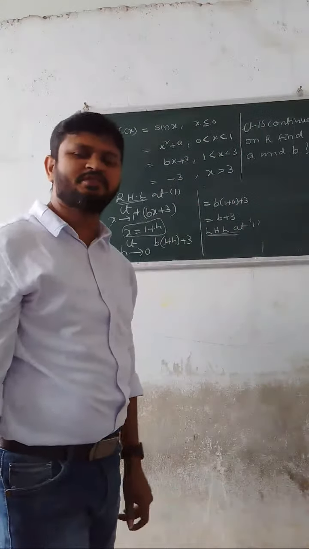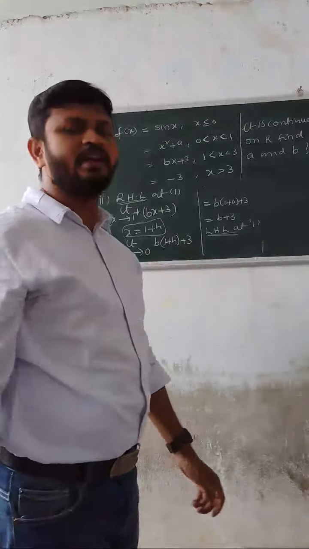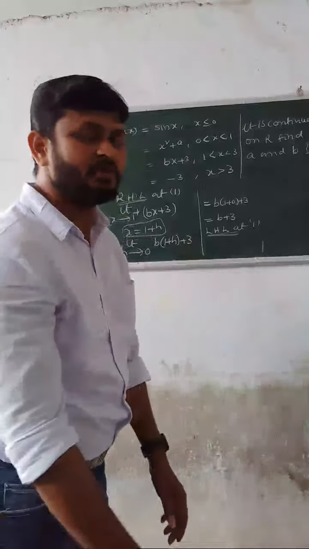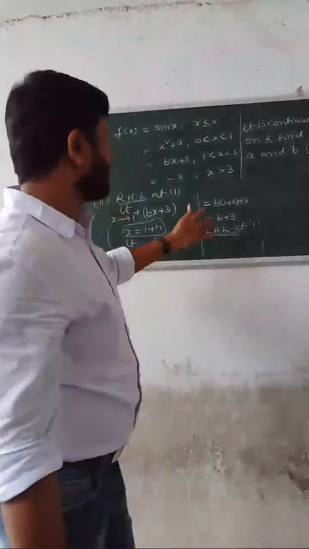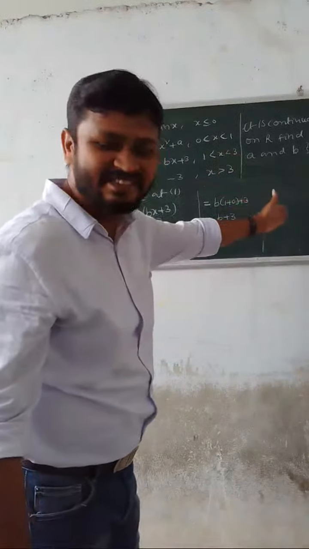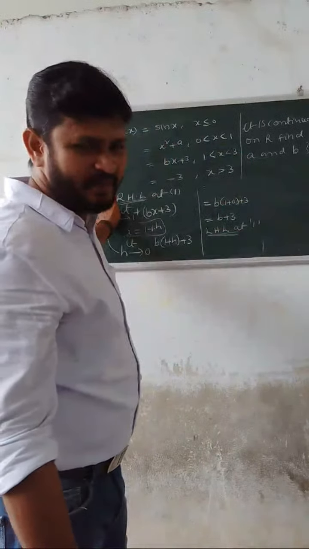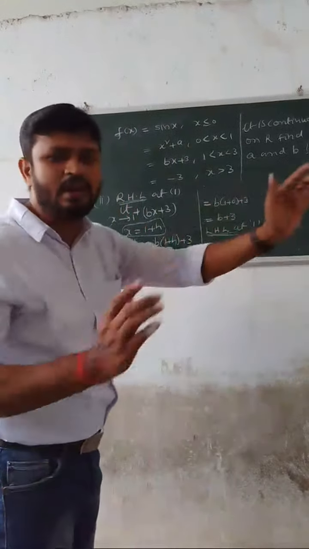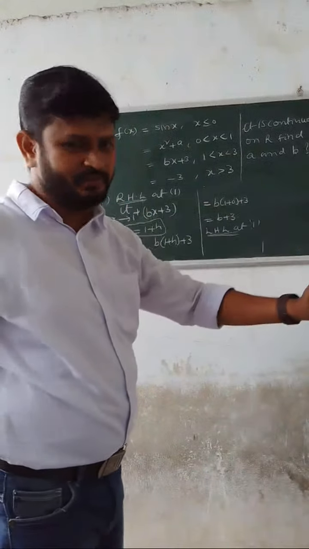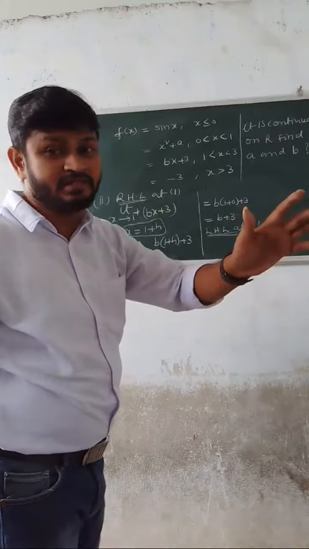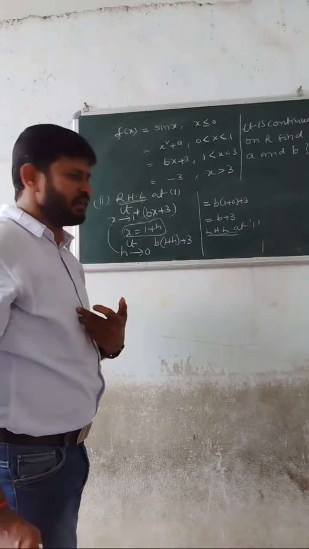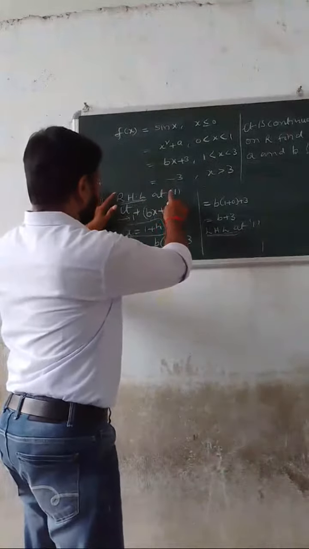That's why I am requesting students, please observe carefully and write down in your notes. Because of the small board, I cannot write the full length properly in the video. So please make notes. It is very useful to you and to me also. Okay, now the right hand limit is completed.